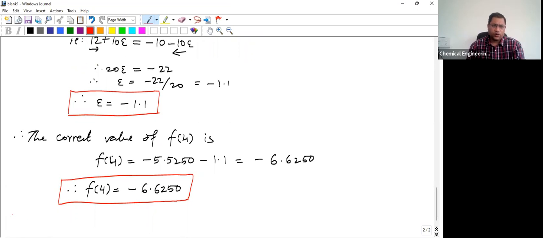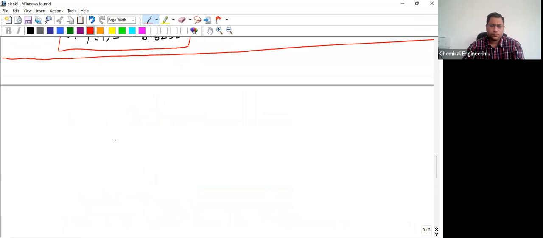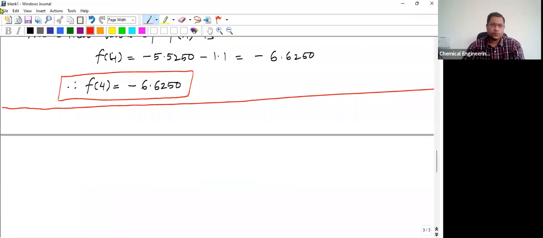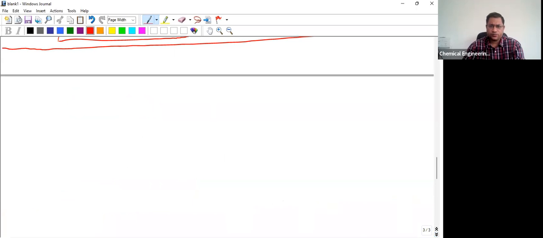Okay. Now we'll try one more example for the error propagation. So let's go for another example.